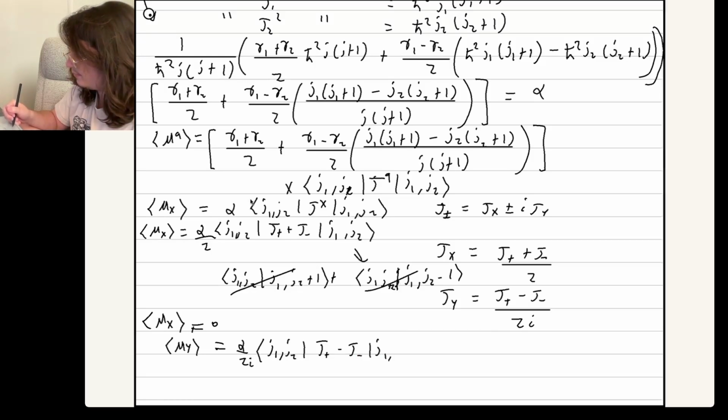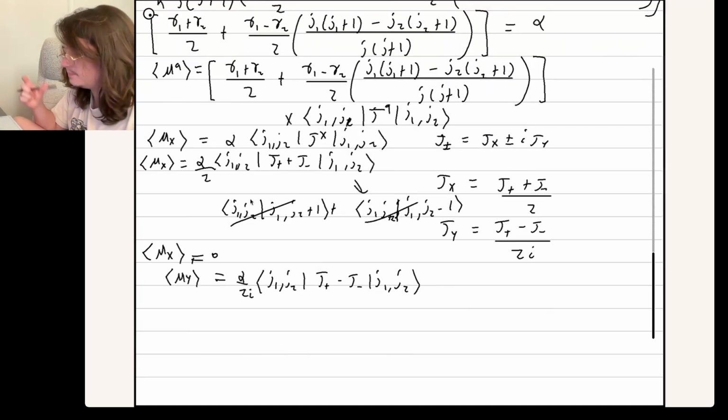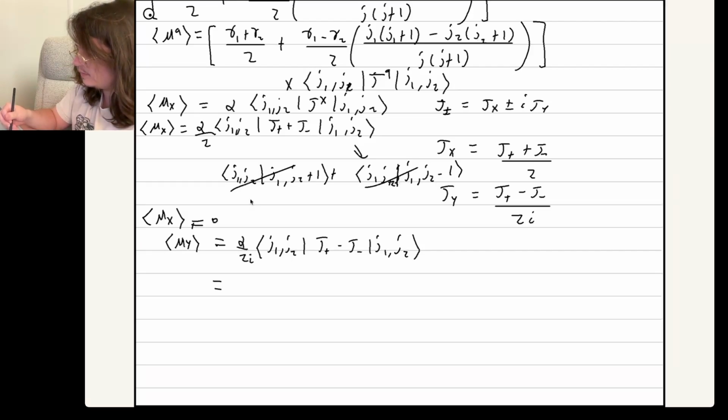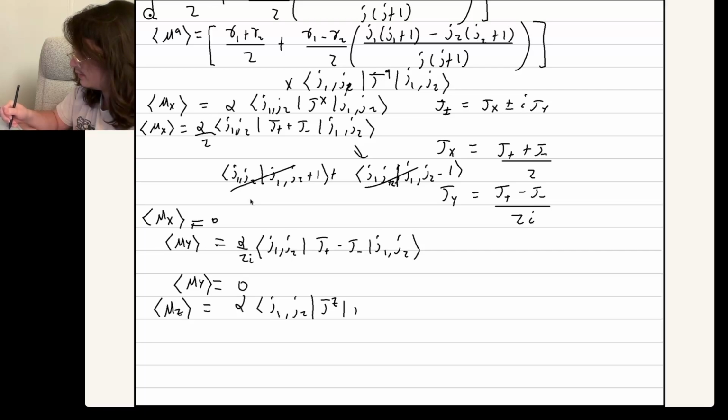Again, you'll have the same two dot products of eigenvectors, which will both evaluate to 0. So this is also 0, right? But mu z will be this factor times J1, J2, J_z, J1, J2.